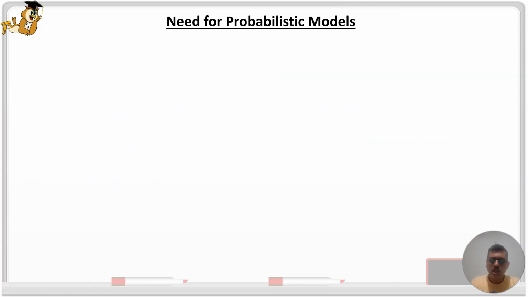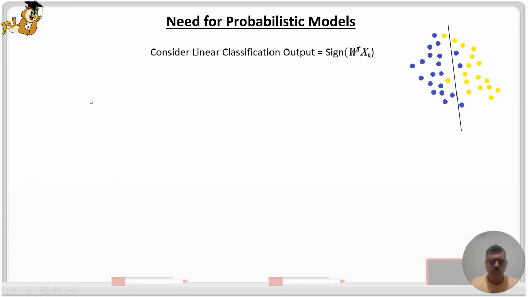So what are probabilistic models and why do you need them in the first place? Consider the simple linear classifier that we studied many lectures ago. What we did was we said that if we were given some training data, this was supervised learning, of course, you knew how the training data was classified. You came up with the best linear separator.